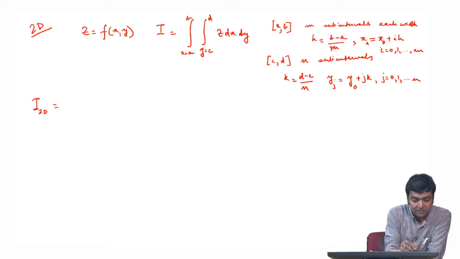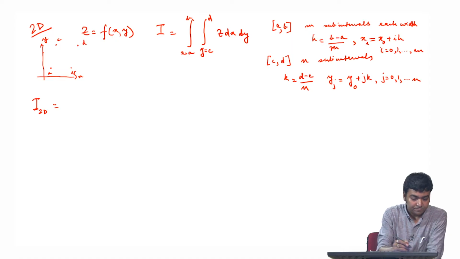Schematically, what we can think of is, suppose this is my x and y axis. I have my point A here, B here, somewhere here I have C and I have D here.